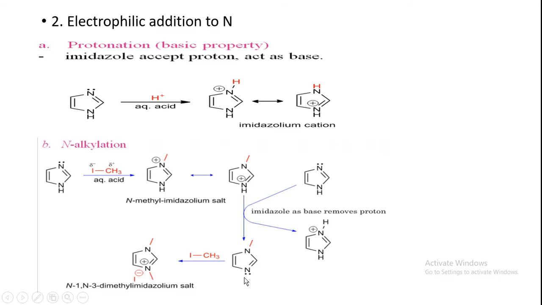So again this nitrogen will be having a lone pair of electrons. So again another molecule of alkyl iodide or alkyl halide will attack to give the dimethyl or dialkyl imidazolium salt. So here the addition of alkyl will take place on 2 nitrogens, okay, 1 and 3. So it is N1 N3 dimethyl imidazolium salt, okay. So that will be the product.